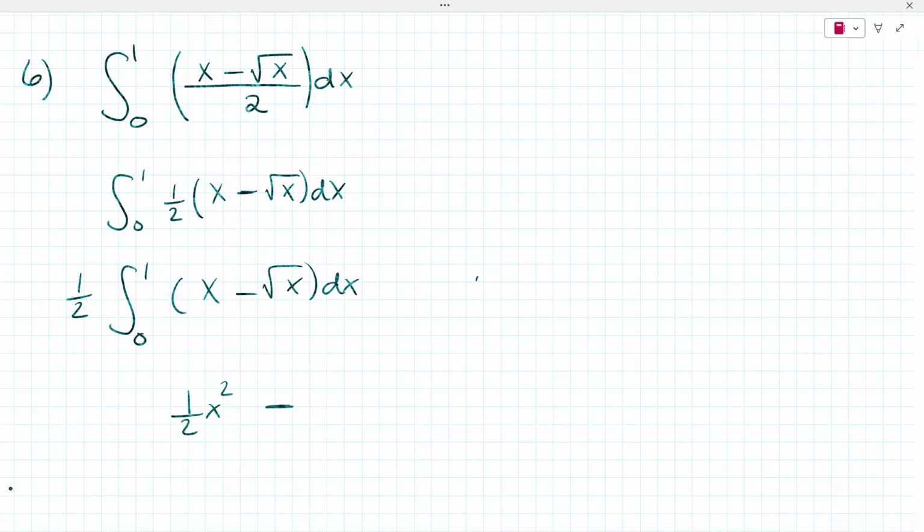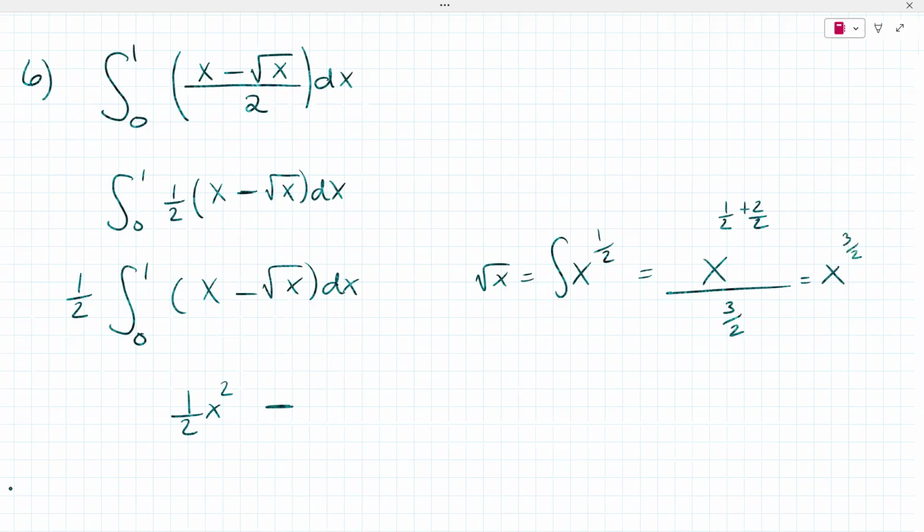Well, I know that square root of x is the same thing as x to the 1/2. So the integration of that is old power plus 1, so 1/2 plus 1, or 2 over 2, all over that power, which is 3/2. So that's going to be 1/2 plus 2 over 2 is 3/2, divided by 3 over 2.